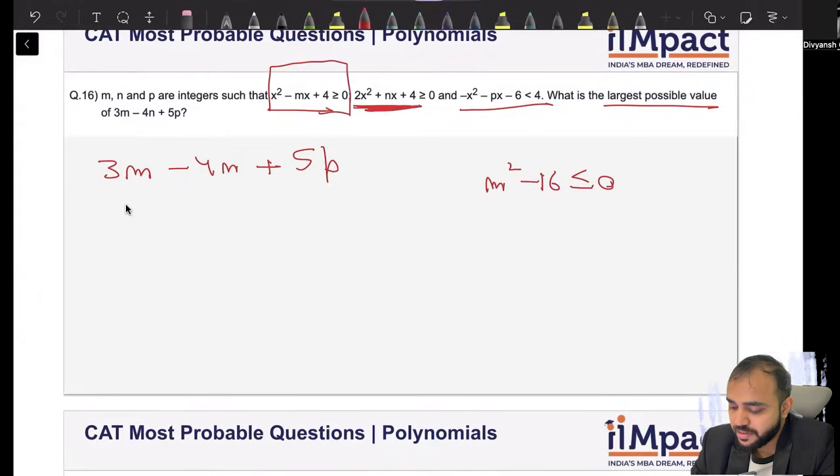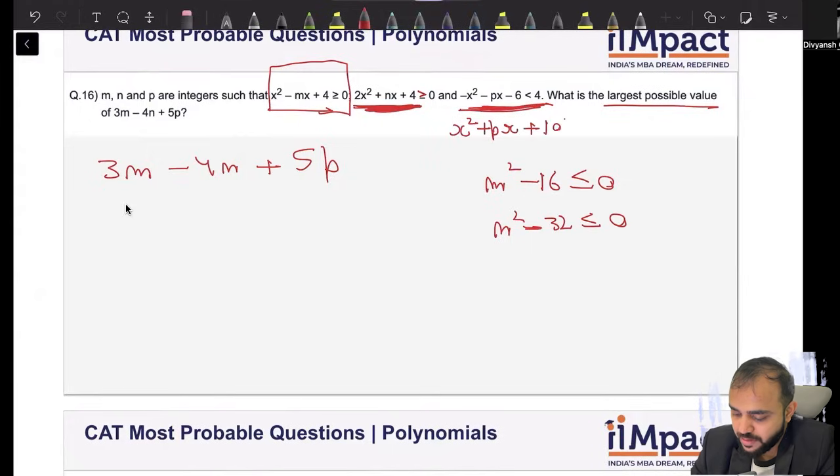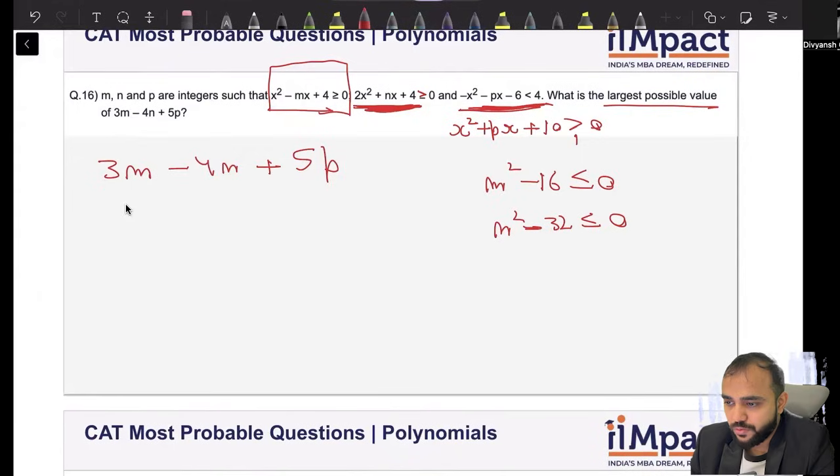Similarly, if I write the discriminant for this, because it is greater than equal to 0, I will get n square minus 4 into 4 into 2, which is 32, is less than equal to 0. If I write for this, I will first consolidate it. I'll get x square plus px plus 10 is greater than 0. So there is no equality here, which means that the discriminant will have to be necessarily less than 0 for this, which is p square minus 40 is less than 0.